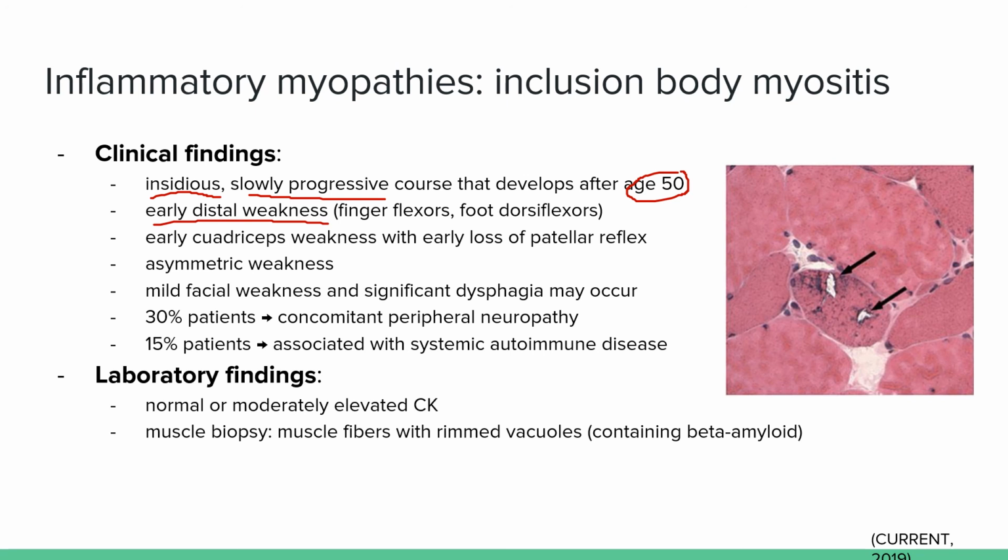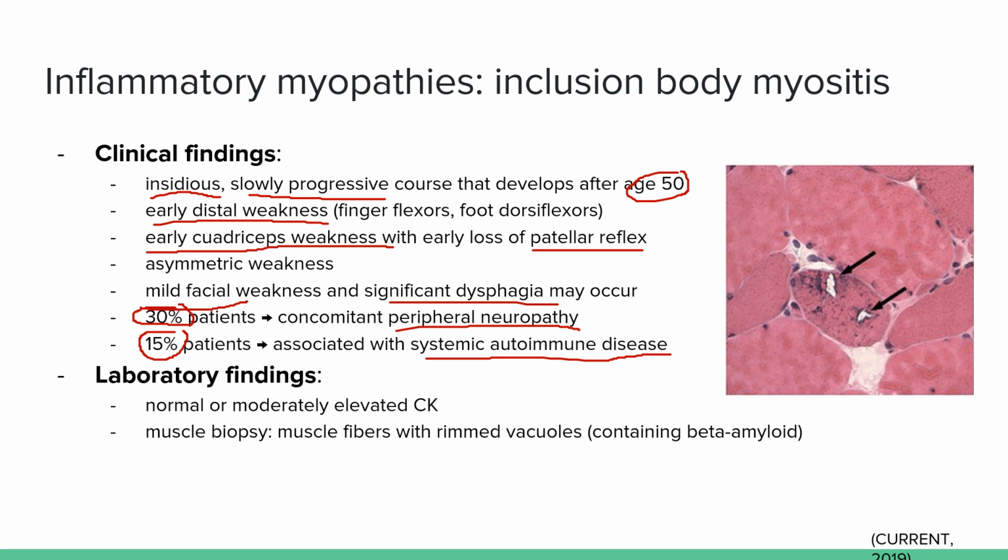Also, there is early quadriceps weakness with early loss of patellar reflex and asymmetric weakness. Mild facial weakness may occur, and significant dysphagia may also occur. 30% of patients have a concomitant peripheral neuropathy, and 50% of patients have an associated systemic autoimmune disease.